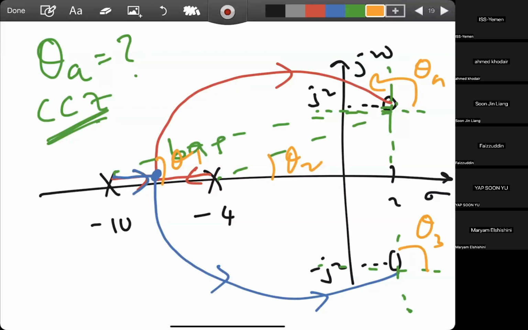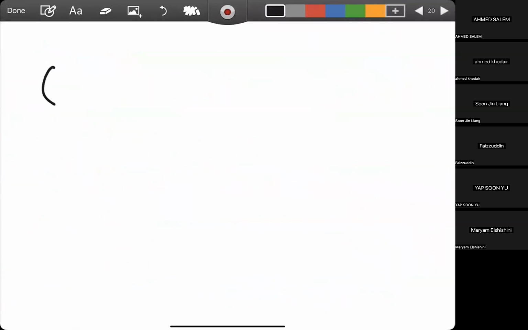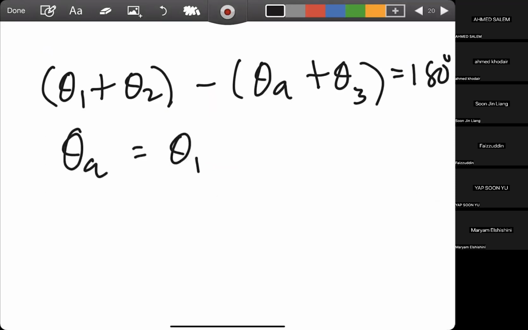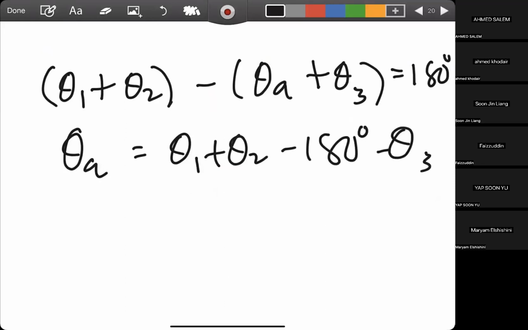Sun Jin Liang, what is the formula for the theta arrival? Theta 1 plus theta 2 minus theta A plus theta 3 equals 180 degrees. Okay. So theta A is theta 1 plus theta 2 minus 180 degrees minus theta 3. So theta A is equal to 117.9 degrees.